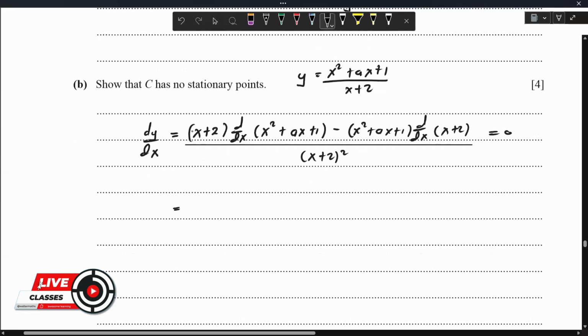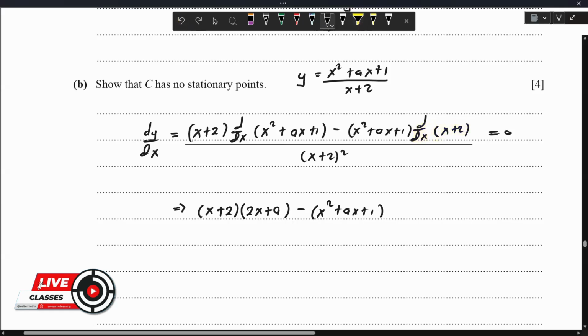Now, we will remain with the numerator, because if we multiply both sides by the denominator, it becomes 0 on the other side. So we will be left with (x plus 2) here, and differentiating this gives us 2x plus a. All right. Are you following? Yes. Okay, good. Then that's going to be minus here (x squared plus ax plus 1), and for this derivative, we just get 1.